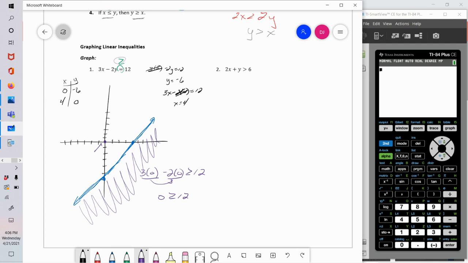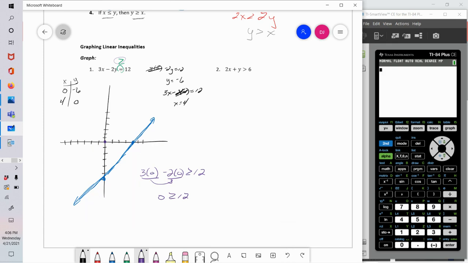Okay. Now, I am going to warn you, those of you who are watching this video, and you're in my course at Manchester Community College, Math 158, the textbook that the college has adopted here does things in a way I've not seen before. In this section in the textbook, they will shade the opposite side.